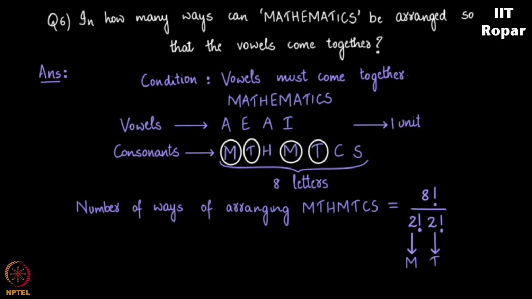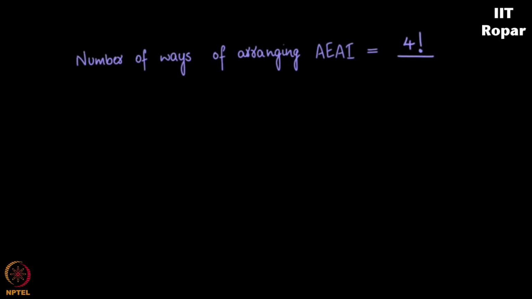Now, we saw that the vowels were A, E, A, I. In how many ways can we arrange this? This is 4 factorial because there are 4 vowels, and we see that A is repeating twice, and hence we divide by 2 factorial, which is the number of ways of arranging these vowels. So we have computed differently for consonants and for vowels.